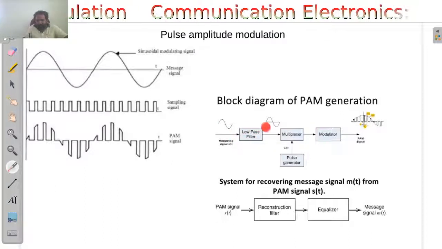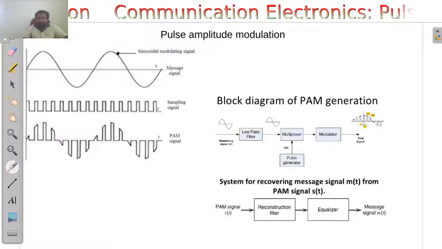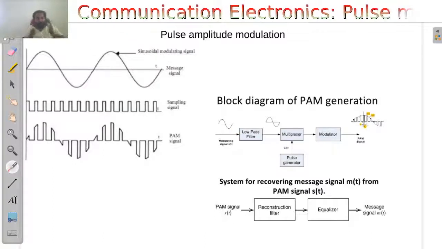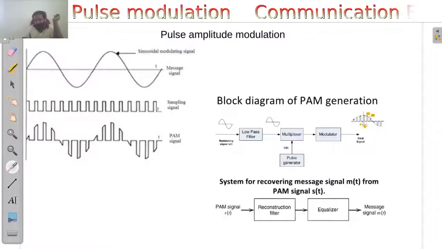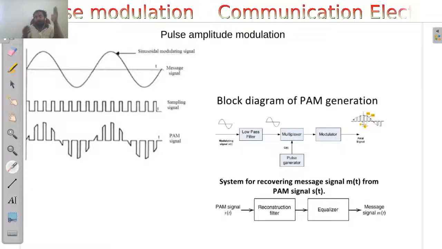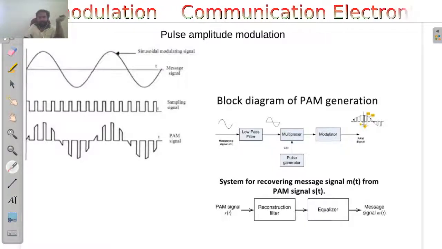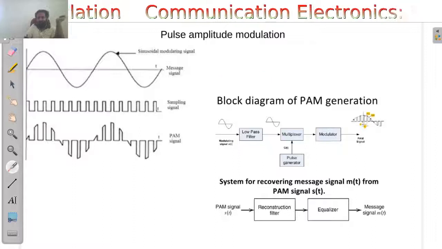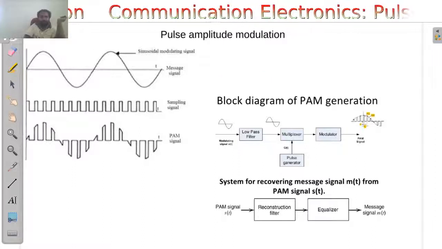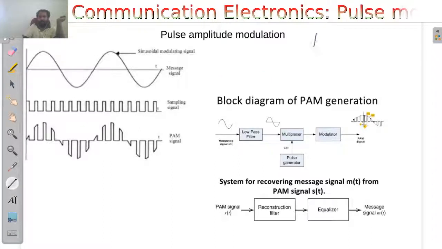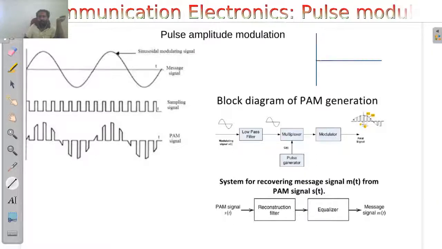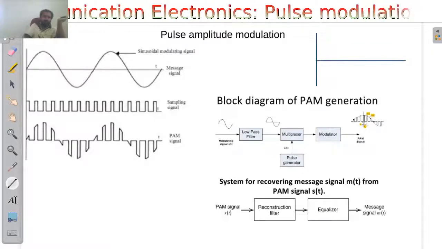Why do you require a low pass filter here? That is because we need to ensure that the maximum frequency entering is not greater than our F max. So suppose I am having a lot of frequencies. If I am recording my audio, then I will have a lot of frequencies coming in.